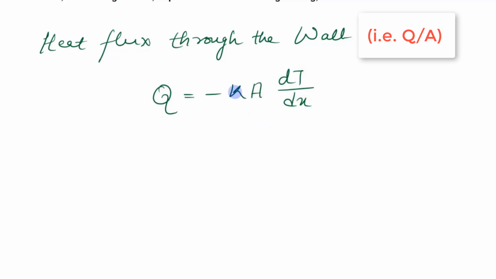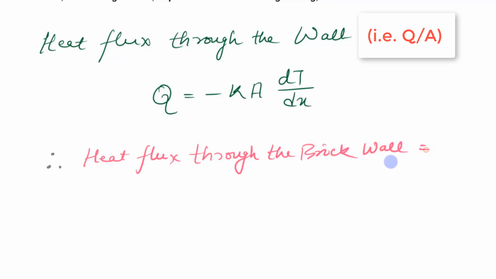K is the thermal conductivity of the material, A is the area perpendicular to the direction of heat flow, that means cross-sectional area, dT is the change in temperature, and dx is the thickness of the wall. According to the problem, heat flux will remain constant, right? That means heat flux through the brick wall will be equal to heat flux through insulation.